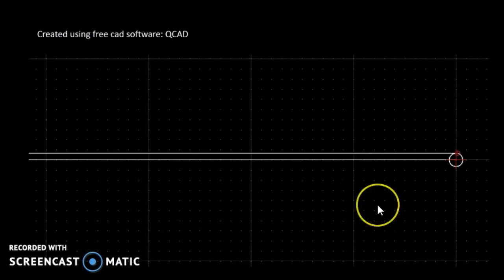This is a zoomed out view of the CAD model that I created. This is the Earth, this is the line of the sun, and this is the line of sight of the observer who is standing at the terminator. Eventually, these two lines do meet.